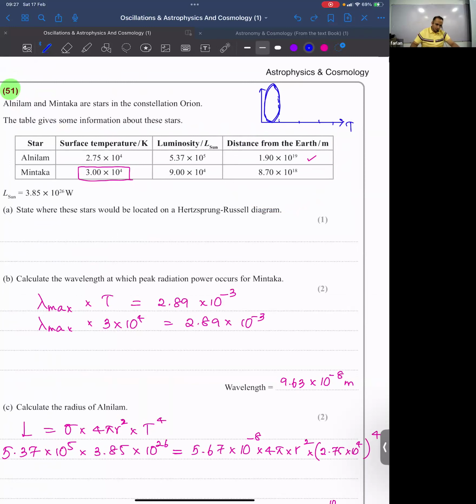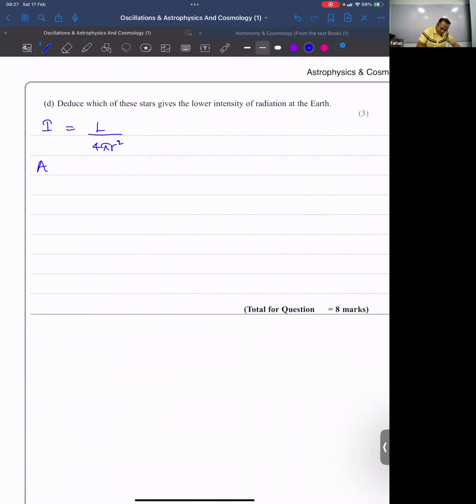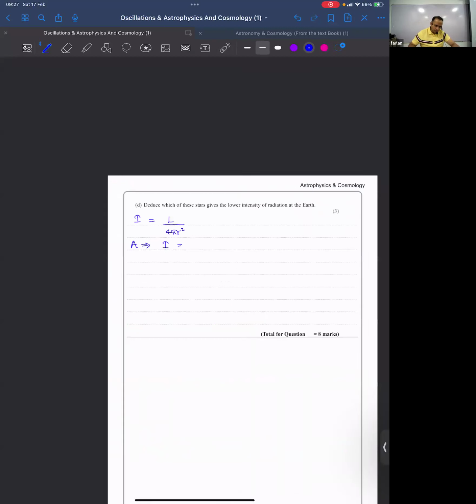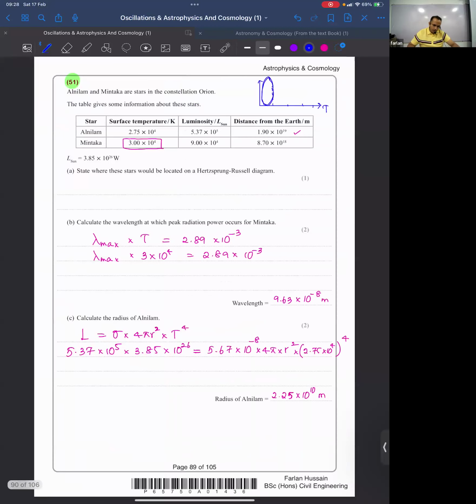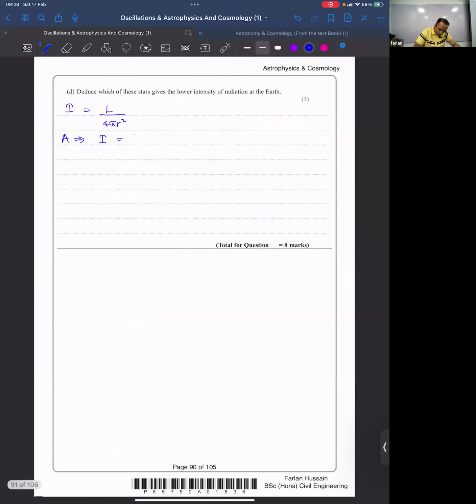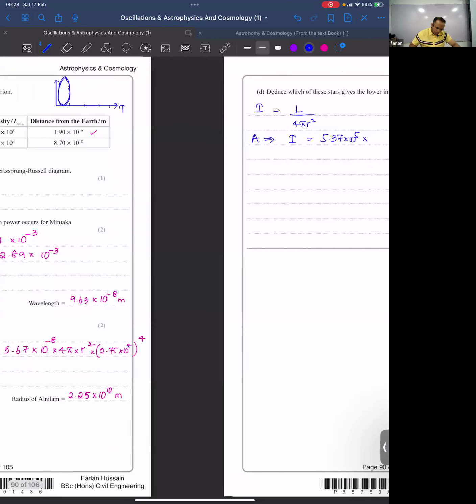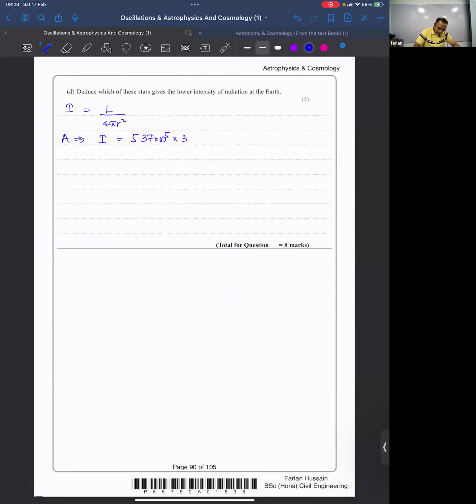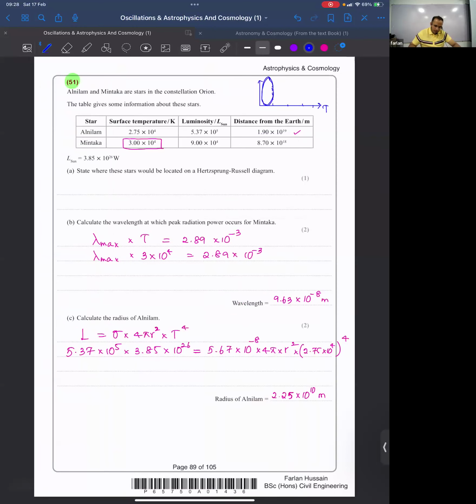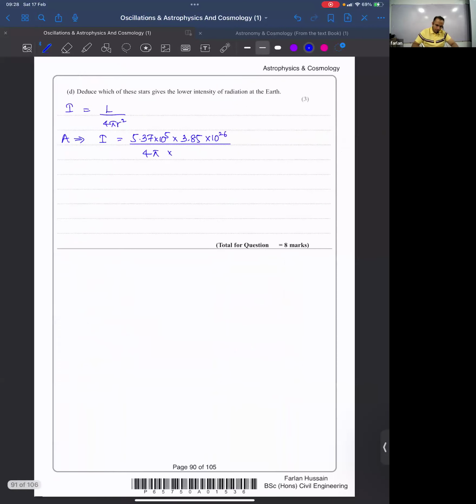So if I check it for Nilam, intensity is equal to its luminosity 5.37 into 10 to the power 5 into 3.85 into 10 to the power 26 divided by 4 pi into r square. The distance from the Earth is 1.9 into 10 to the power 9.